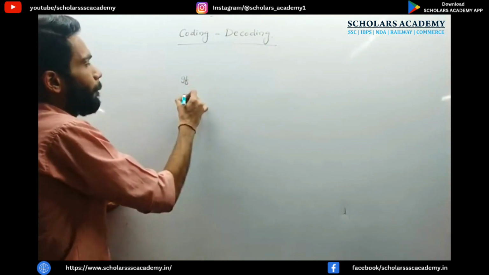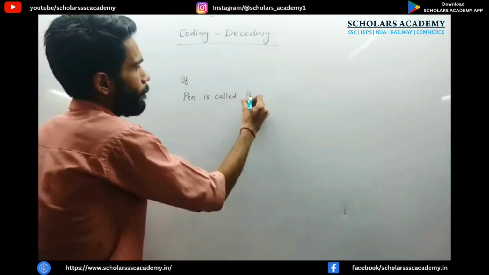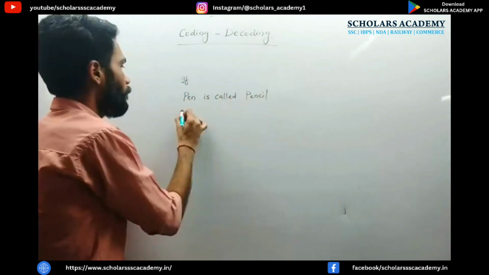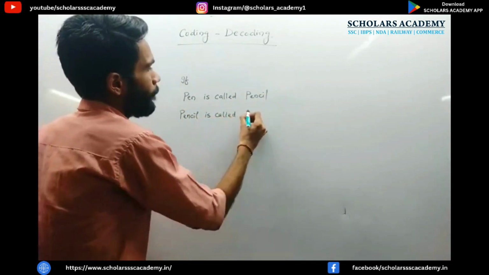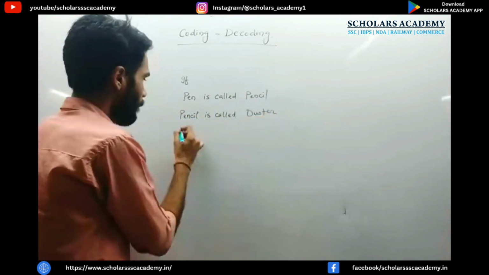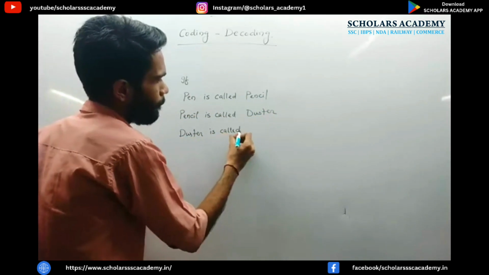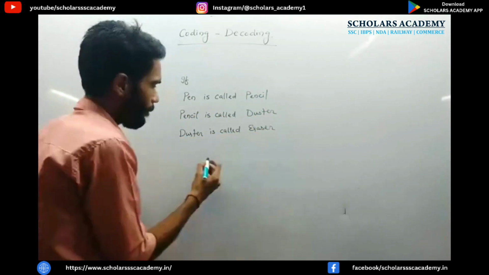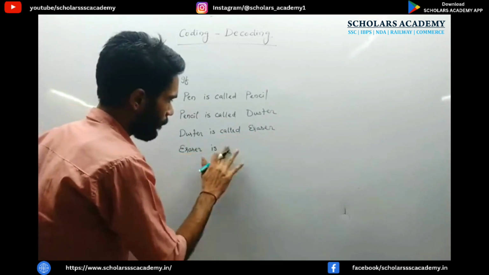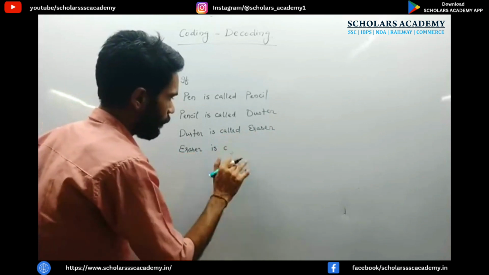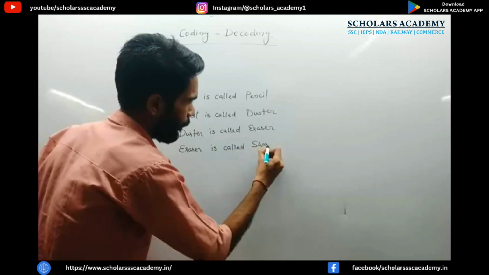If pen is called pencil, pencil is called duster, duster is called eraser, eraser is called sharpener.